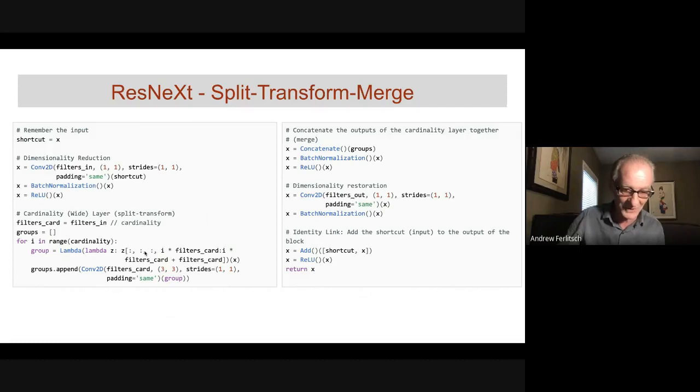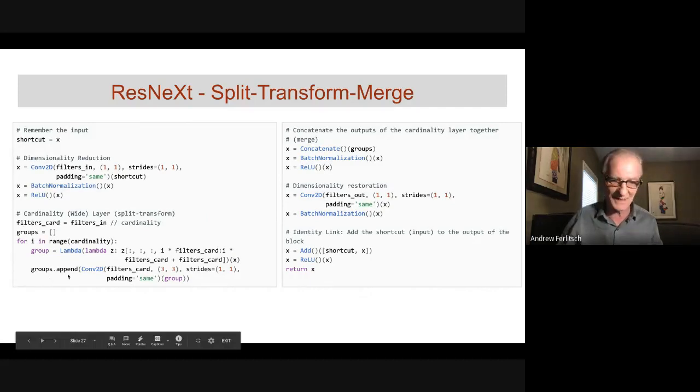And I won't go into the syntax here of a lambda and slicing. That's very Pythonic. But effectively what I'm doing is splitting up all the feature maps into the number of groups specified by the cardinality. Each one is going to run through a convolution separately. I'm going to remember them.